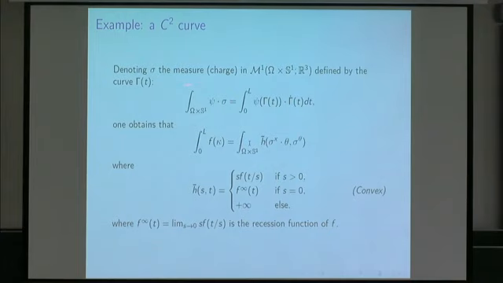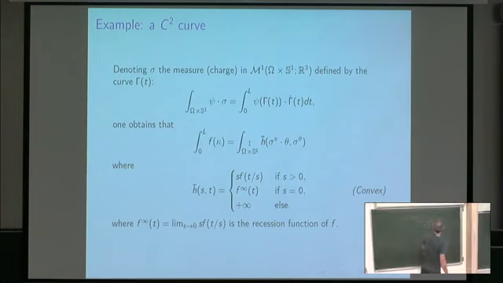So the idea is that when you have a curve with a tangent, and with finite length, you can always introduce a measure which would be tau times the length measure. So this is the Hausdorff measure of dimension 1 on the curve. So this is the curve C.